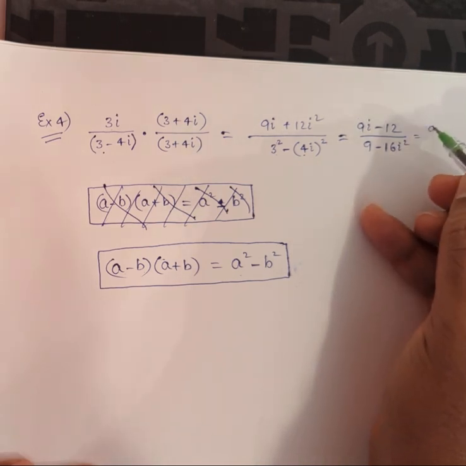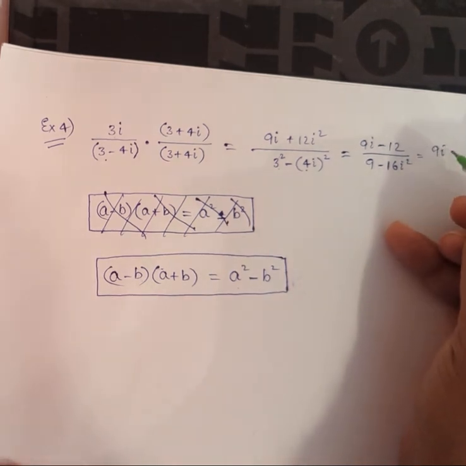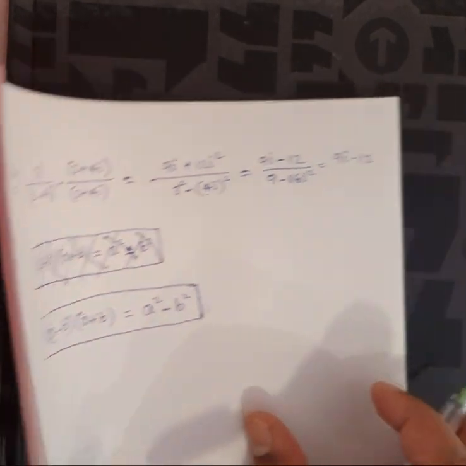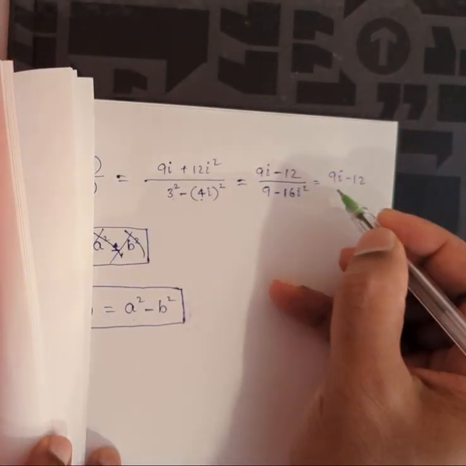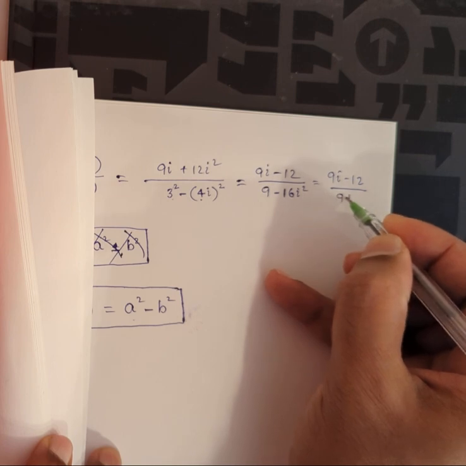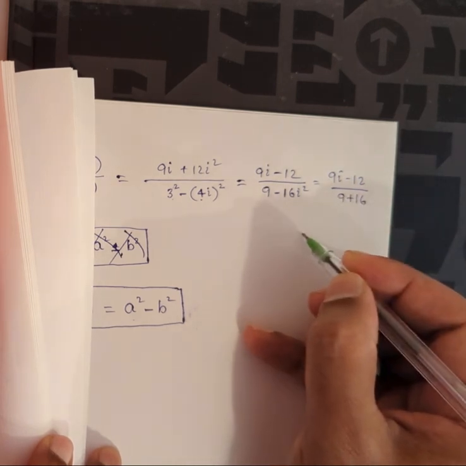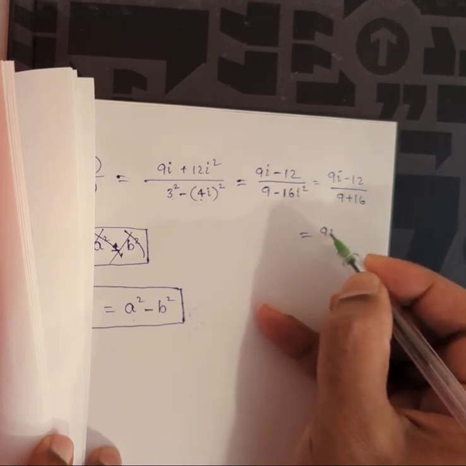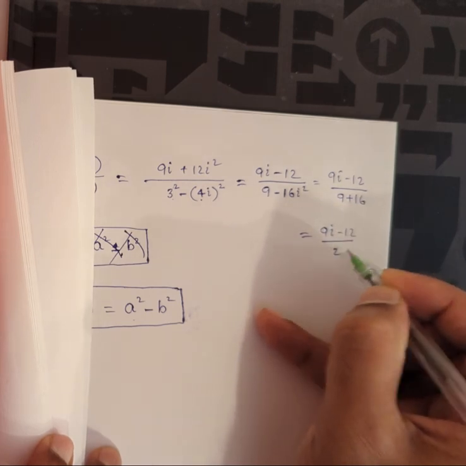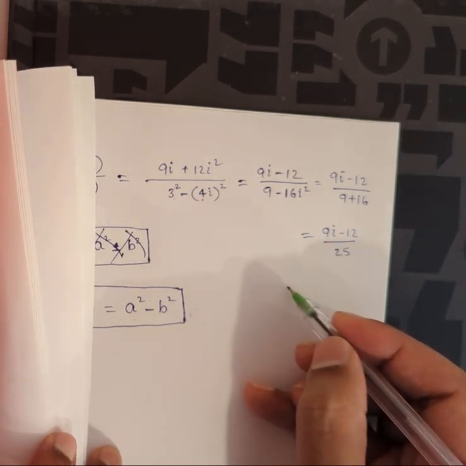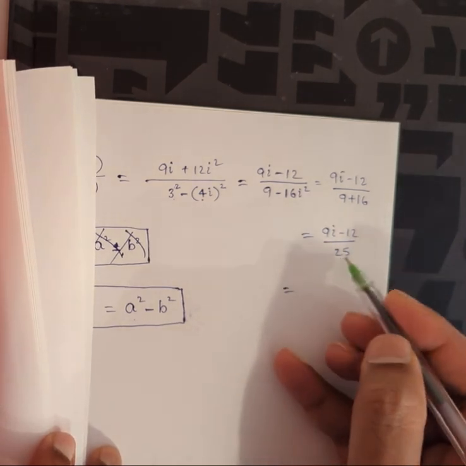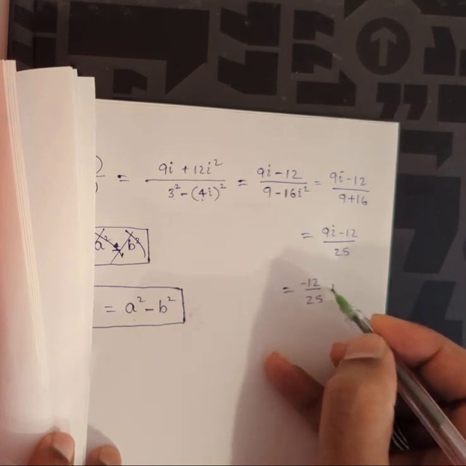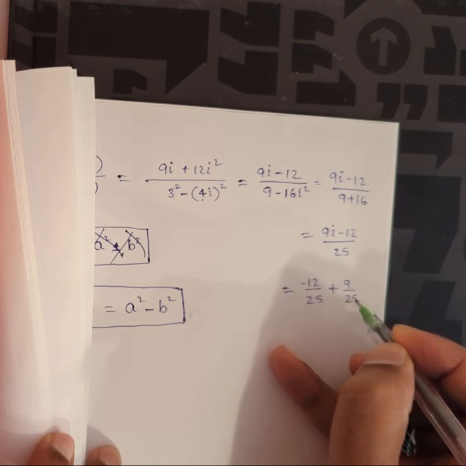So this becomes 9i minus 12 divided by 9 plus 16. So that's going to be 9i minus 12 divided by 25. And if you want to write it in a plus bi form, you would write this first, negative 12 over 25 and plus 9 over 25 i.